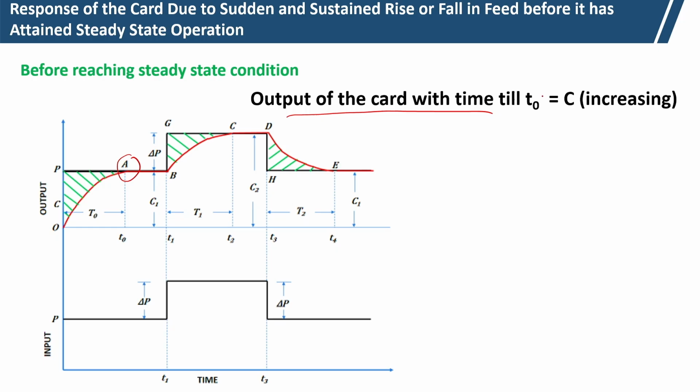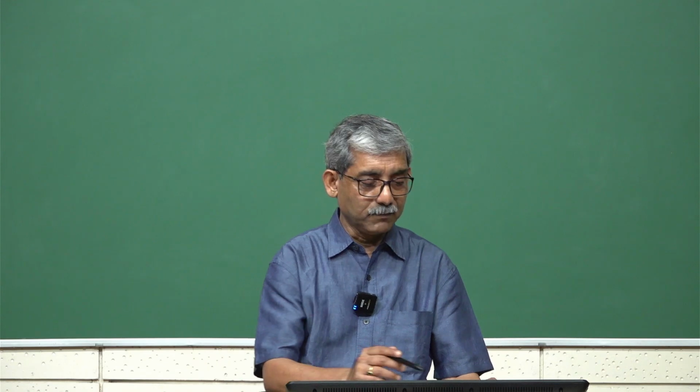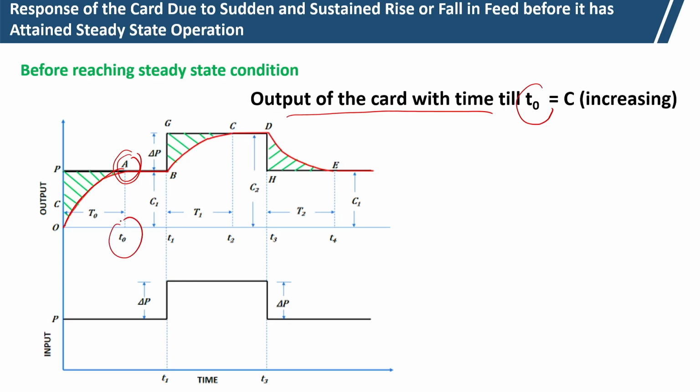As I have mentioned, till T0 the output is gradually increasing. So C is increasing, this curve is C, before it reaches P. After time T0, C will become P, and that will be constant again.